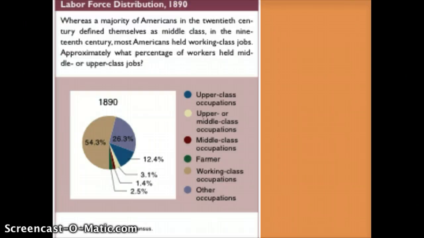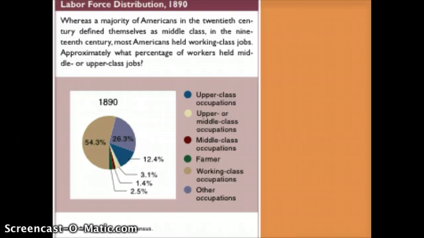Okay. One thing I'd like to point out about this chart in your book, specifically, it's pretty straightforward. You can see that the majority of Americans are actually in the working class occupations. So I'd like you to consider this question.